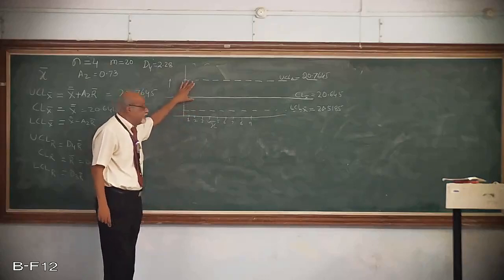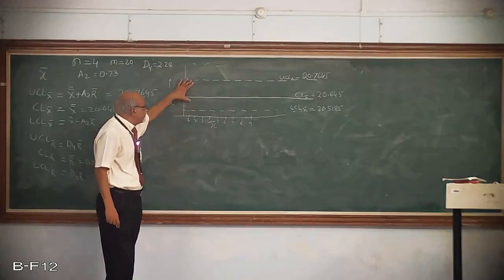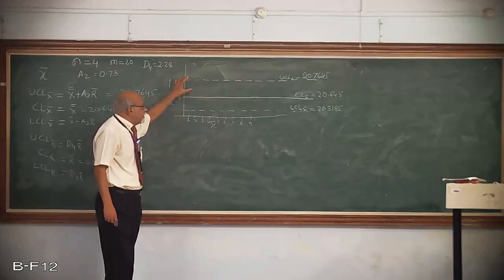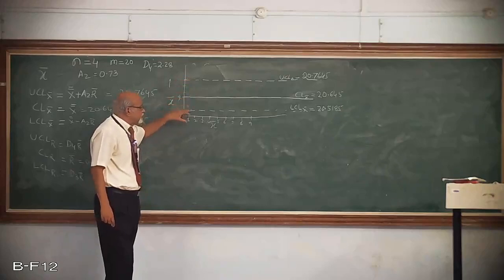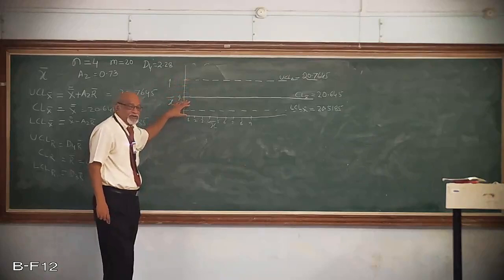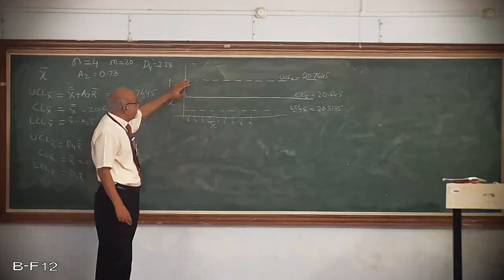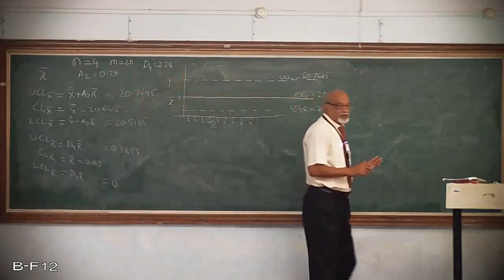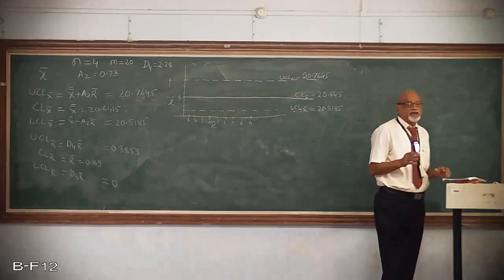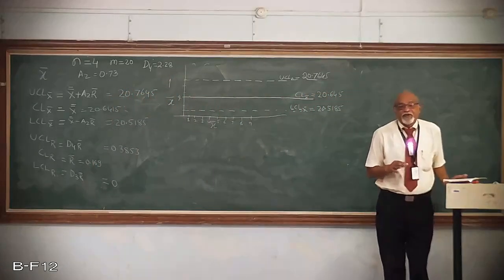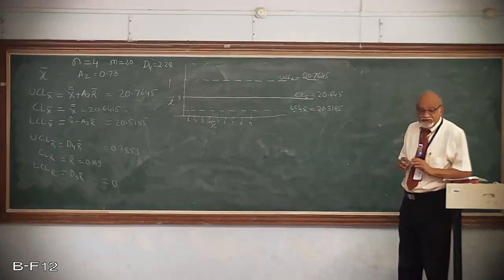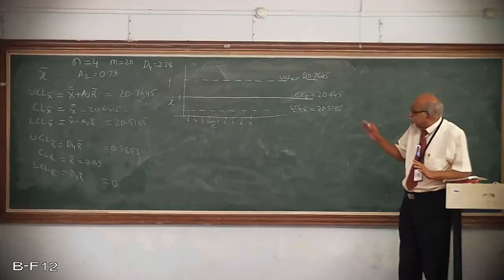As long as it is between these two control limits, a point falling on the upper control limit or on the lower control limit is also within the limits. The moment it falls outside, we say that the process is not under control, because it is no longer natural variation. The variation is because of certain assignable reasons. Hence, the process needs to be stopped and an investigation carried out. That is what it means.